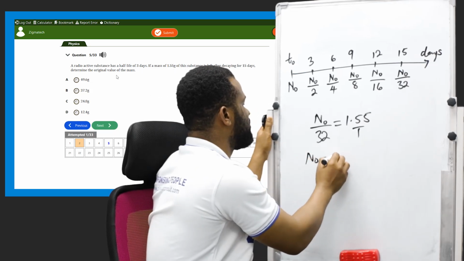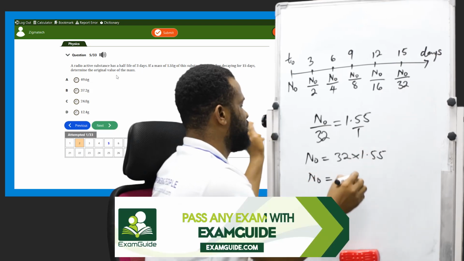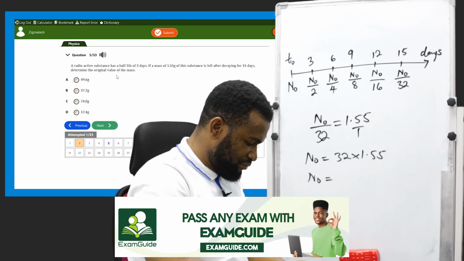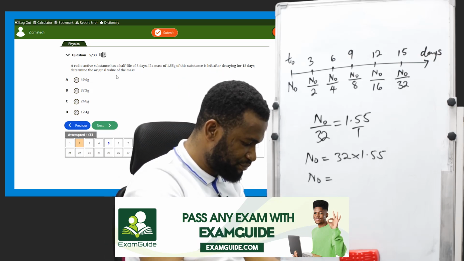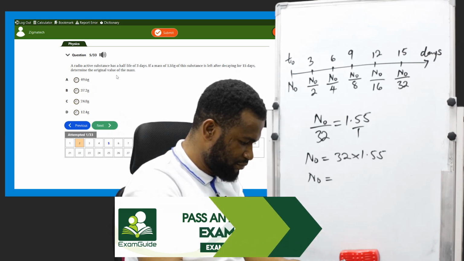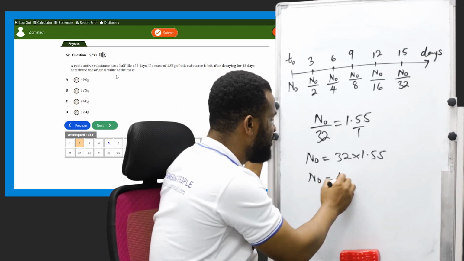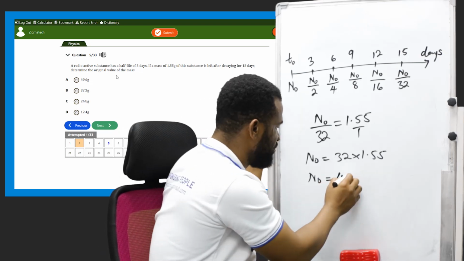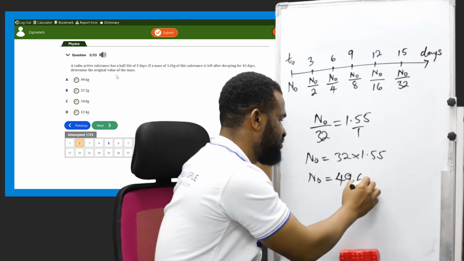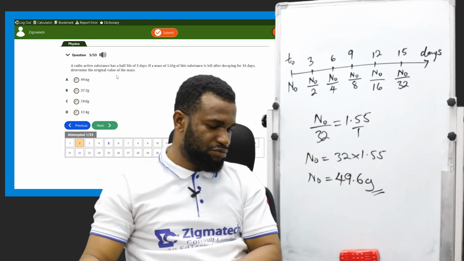N sub 0 is going to be 32 times 1.55. N sub 0 is going to be 49.6. So the original value is 49.6 grams. So this was the original value of this substance according to this question.